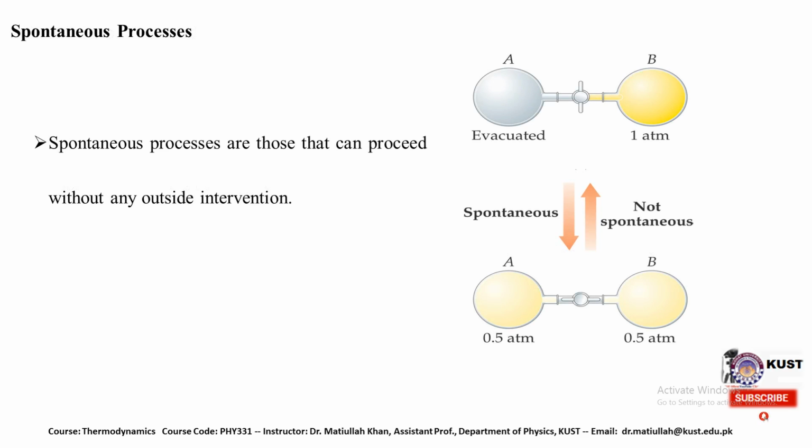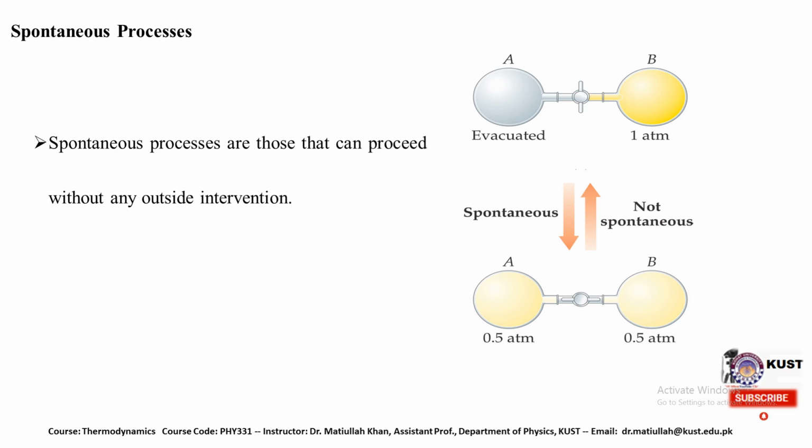In this example, a spontaneous process is shown, where there are two tubes connected with each other with a wall. One is represented by tube A, another by tube B. Tube A is evacuated, and tube B has a certain pressure.